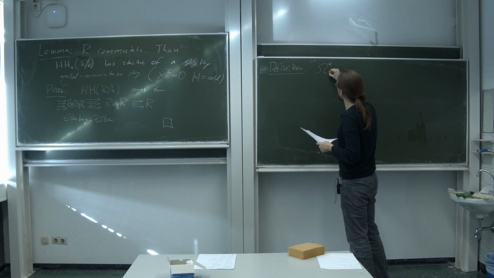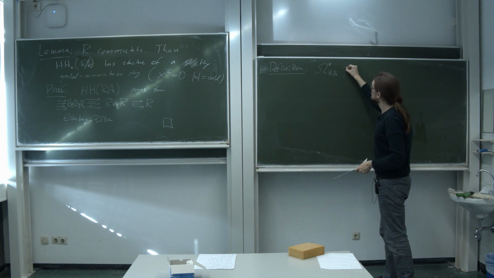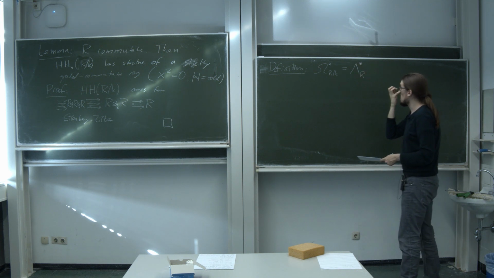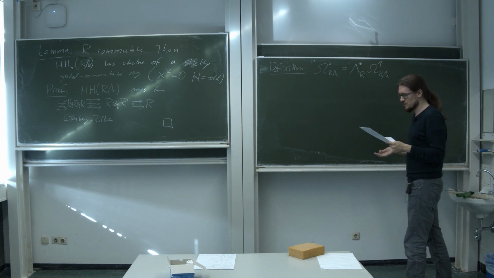So we write this Ω* R relative k, and this is given by the exterior algebra over R on the Kähler differentials we previously introduced.